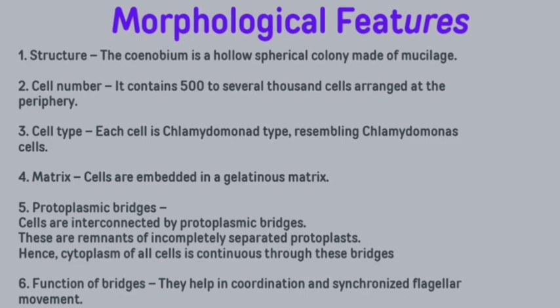The cells are interconnected by protoplasmic bridges, which are remnants of incompletely separated protoplasts, so the cytoplasm of the cells is continuous through these bridges. What is the function of these bridges? They help the Volvox coordinate and synchronize the flagellar movement so it can move easily in the water.